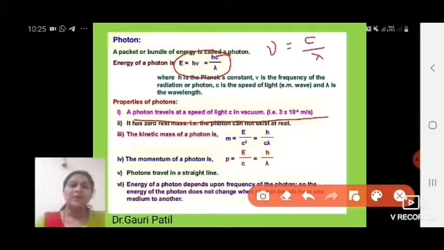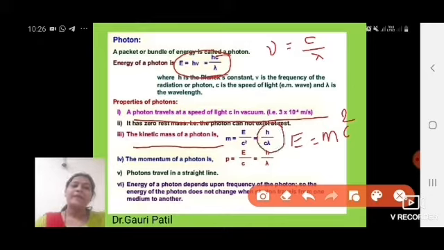The third property of a photon is that its kinetic mass is m is equal to E upon c square. Here we use Einstein's relation E is equal to mc square. So we get m is equal to E by c square, and by putting the value of E is equal to hc upon lambda we get the final equation m is equal to h upon c lambda.